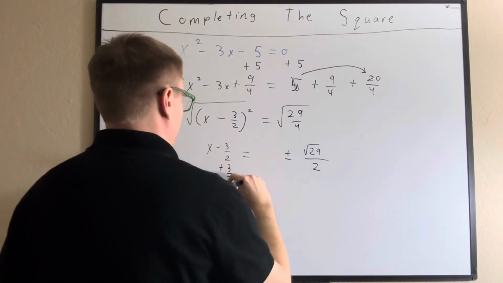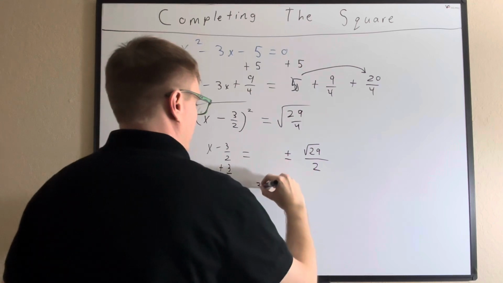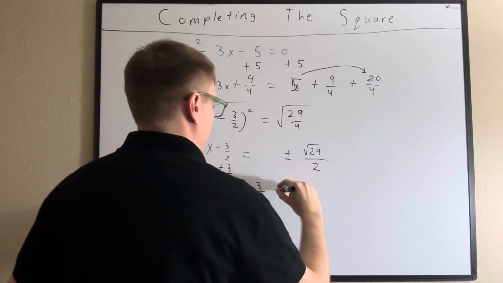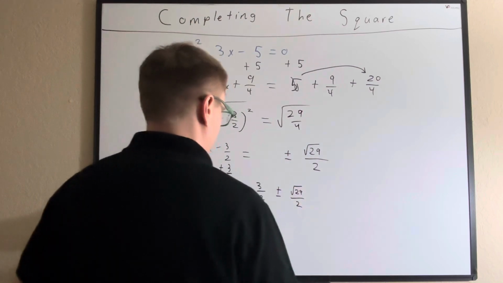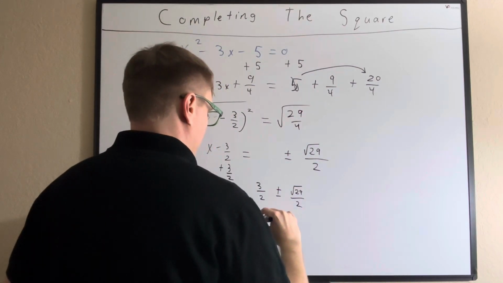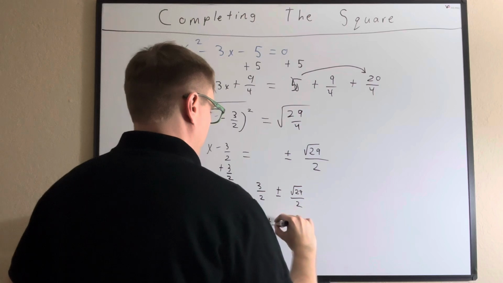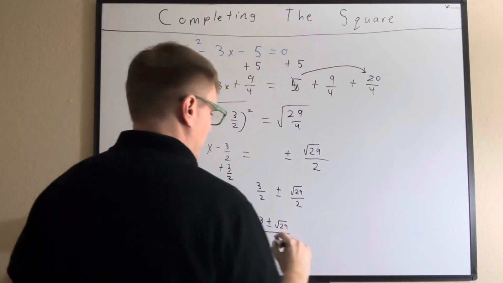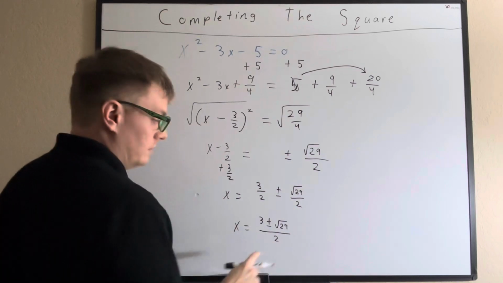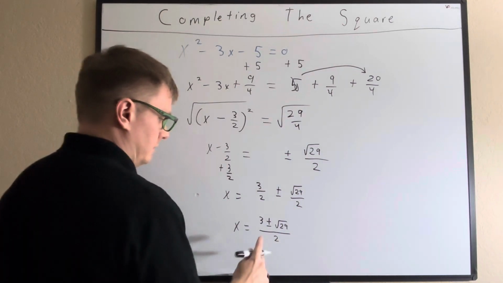Add 3 halves to both sides. We're left with 3 halves plus or minus square root 29 over 2. Or, a little better way to write it, since both are over 2, you just write the whole thing over 2.